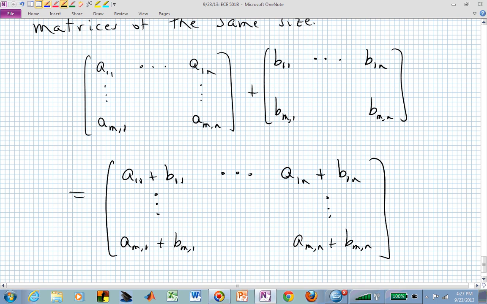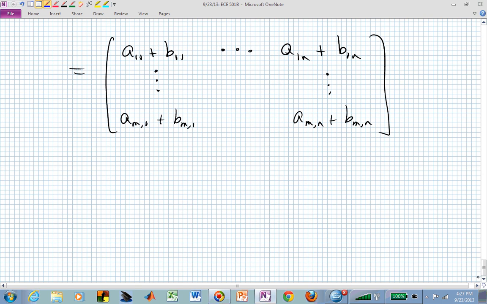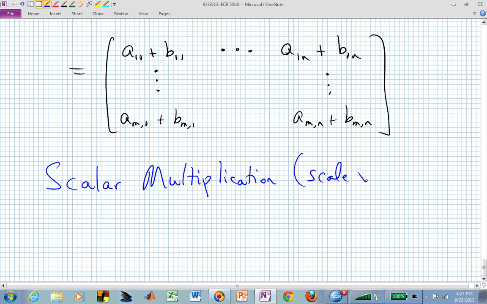If we wanted to worry about scaling a matrix with a number from the field that we're dealing with, or scalar multiplication, that scalar then scales each of the elements in that matrix.